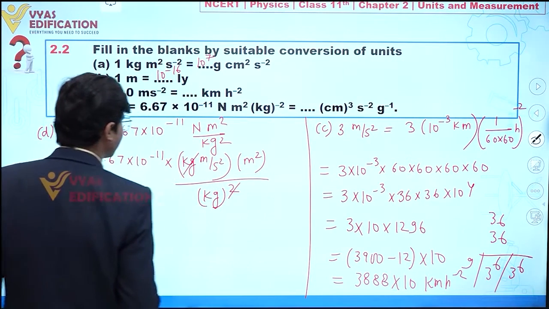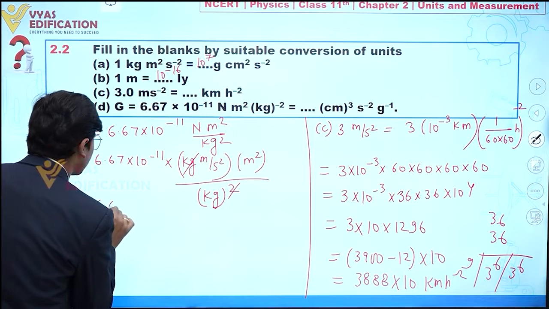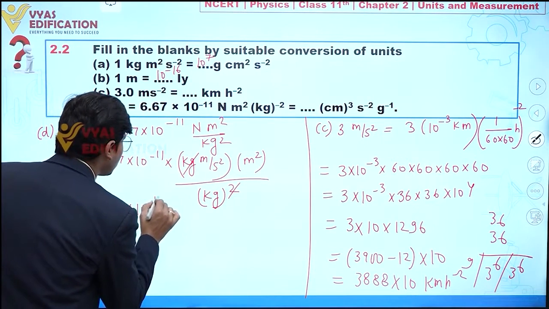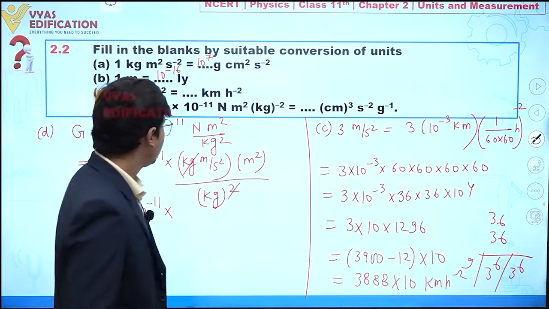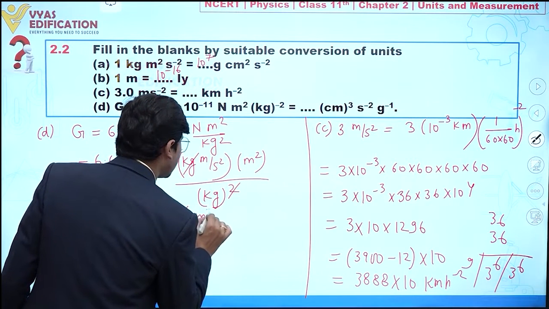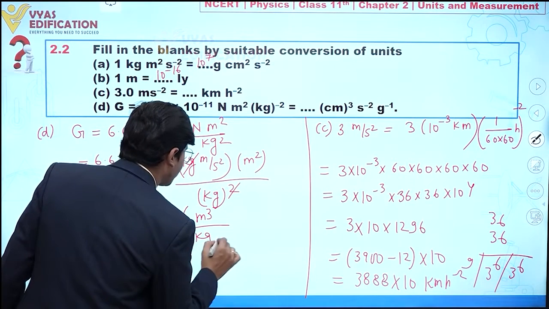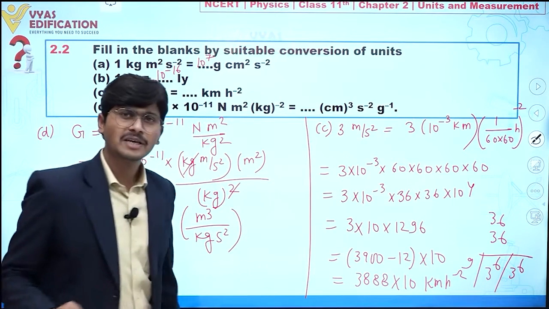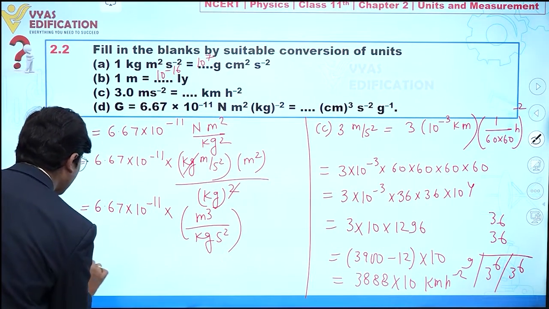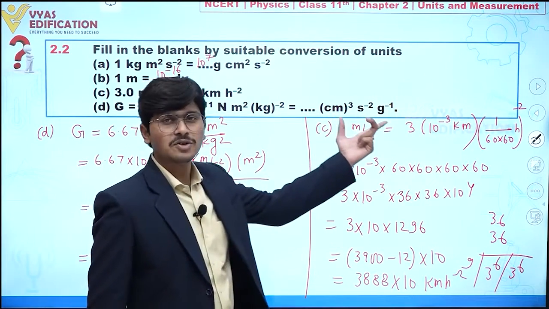From here, kilogram and kilogram cancel out and we can say this is equal to 6.67 into 10 to the power minus 11, meter cube per kilogram per second square, clear. So now we can convert this into this unit, clear.